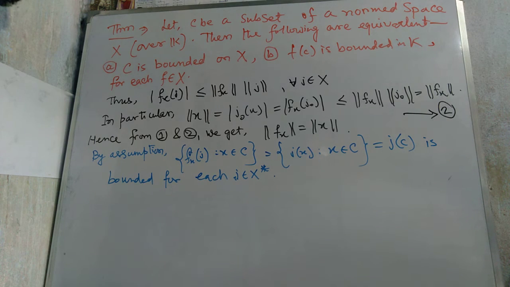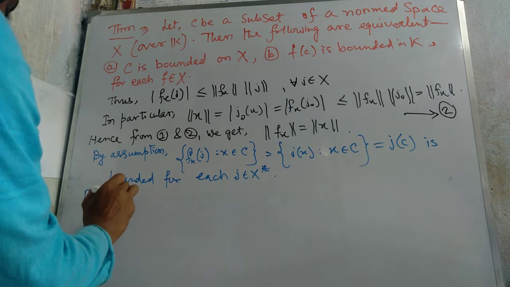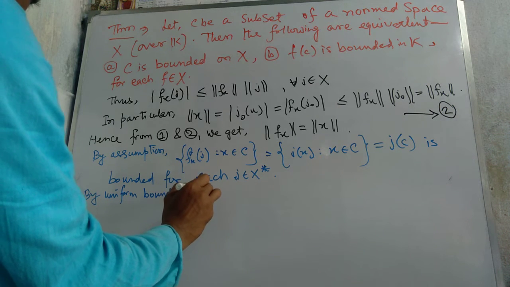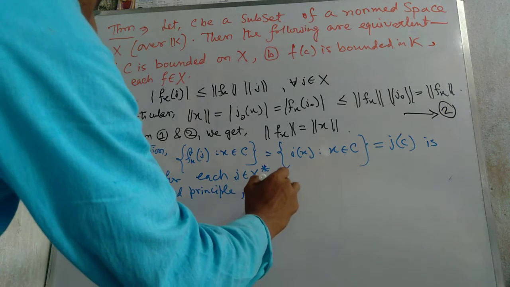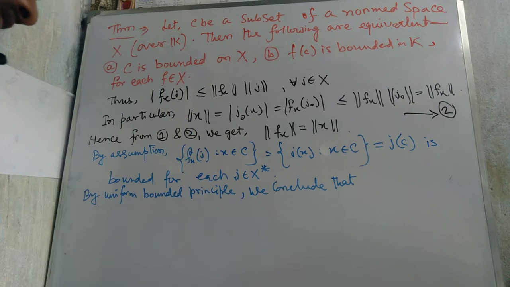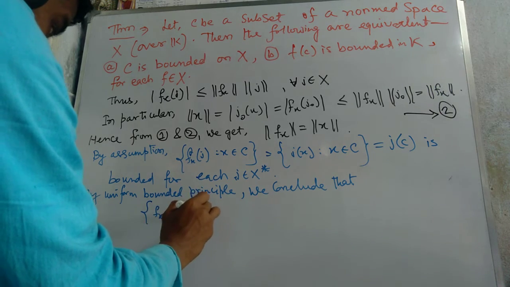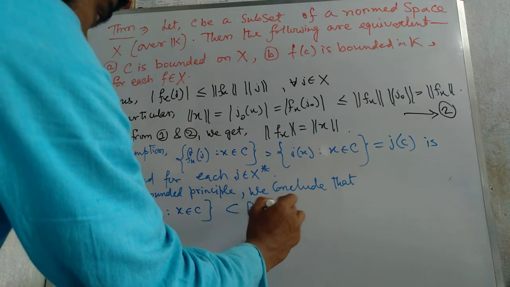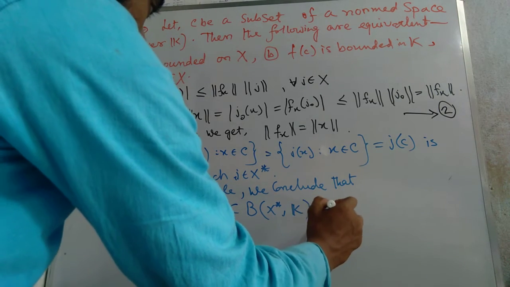Then by the uniform boundedness principle, we conclude that if x belongs to C, the subset of B(X*, K) is uniformly bounded.